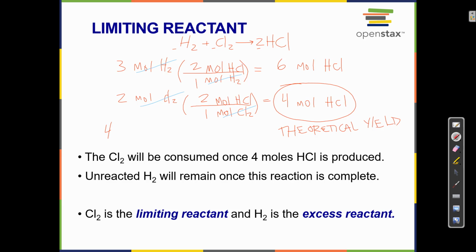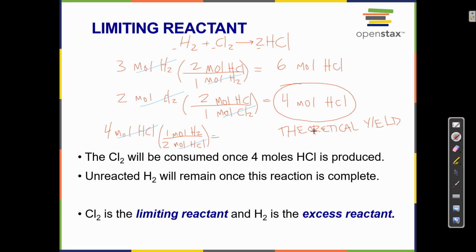So if I'm making 4 moles of HCl, and there's 2 moles of HCl per 1 mole of H2, then how much H2 is it going to take to make 4 moles of HCl?